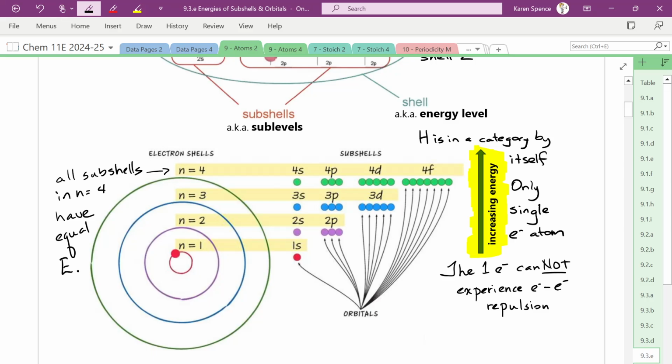All the subshells in n equals 3 all have equal energy. All the subshells in n equals 2 have equal energy.